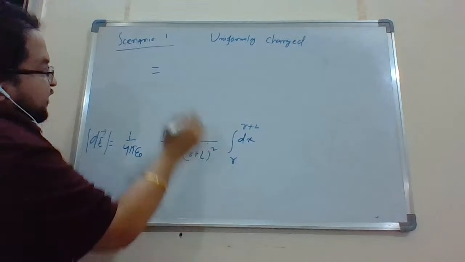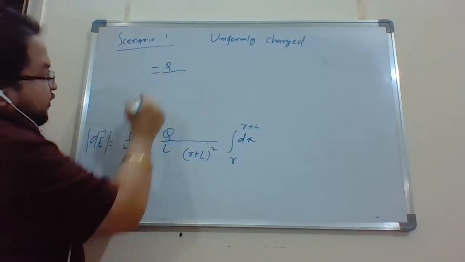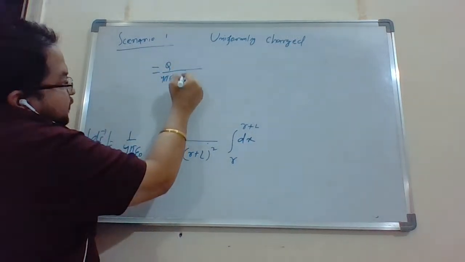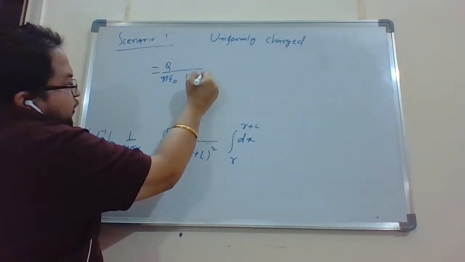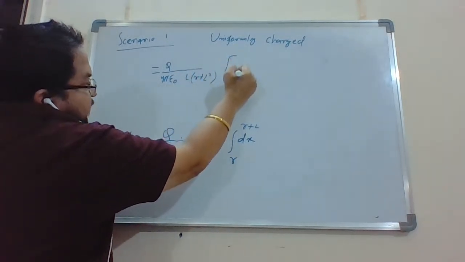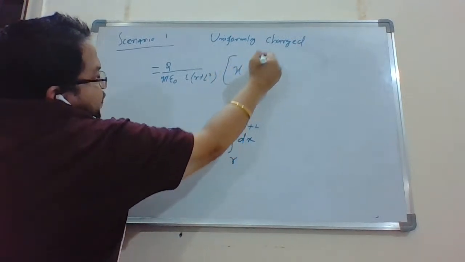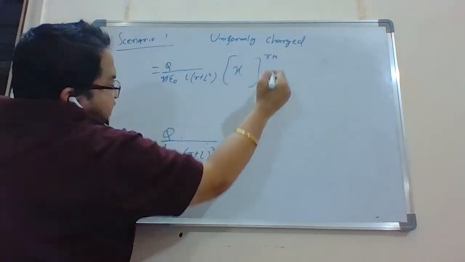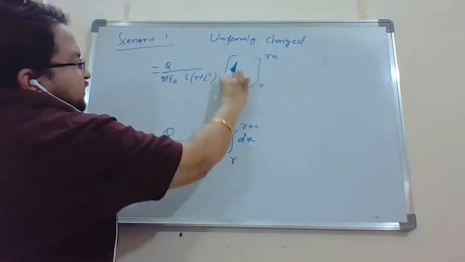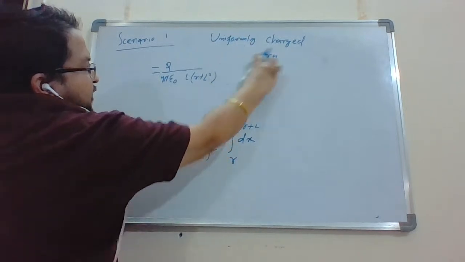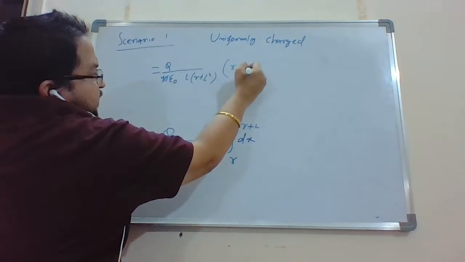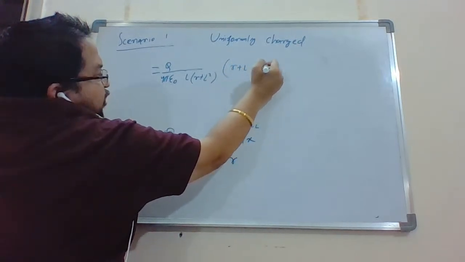Now which would mean Q by 4 pi epsilon naught, L into R plus L squared, x going from R to R plus L, which is nothing but R plus L minus small r.